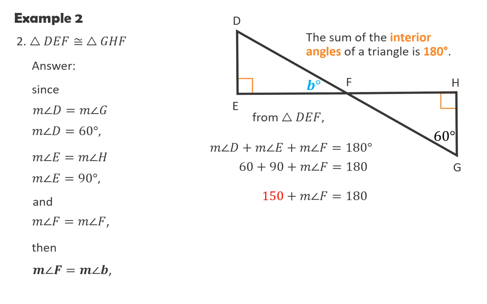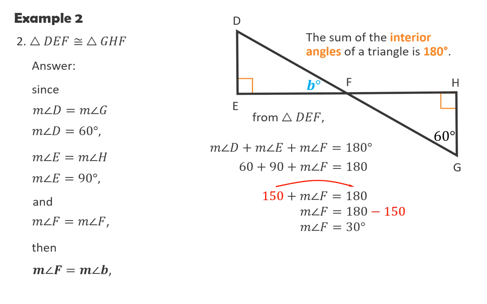Now, to find yung measure ng angle F, all you have to do is transpose yung 150. So, from positive 150, ililipat mo sa kabilang side. Pag nilipat mo sa kabilang side, from positive magiging minus 150. So, ang matitira na lang sa left side ay yung measurement ng angle F. So, equal siya sa 180 minus 150.